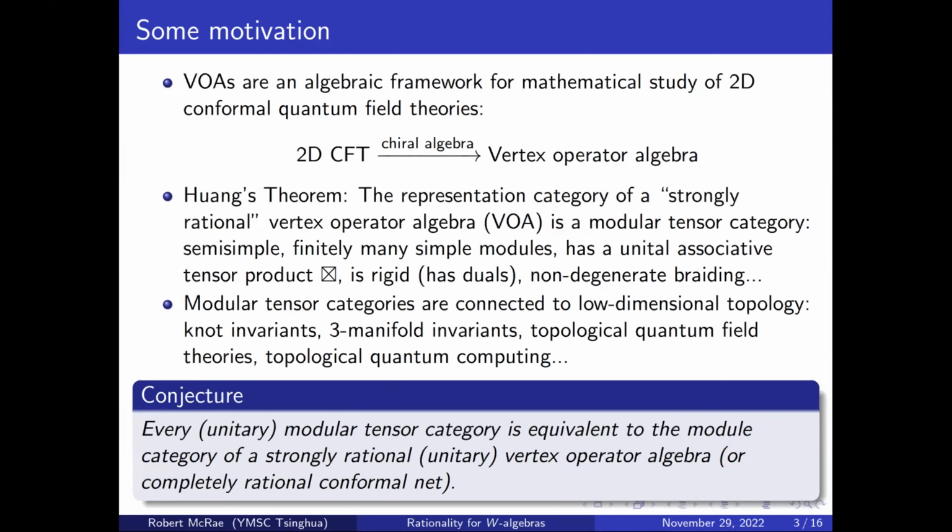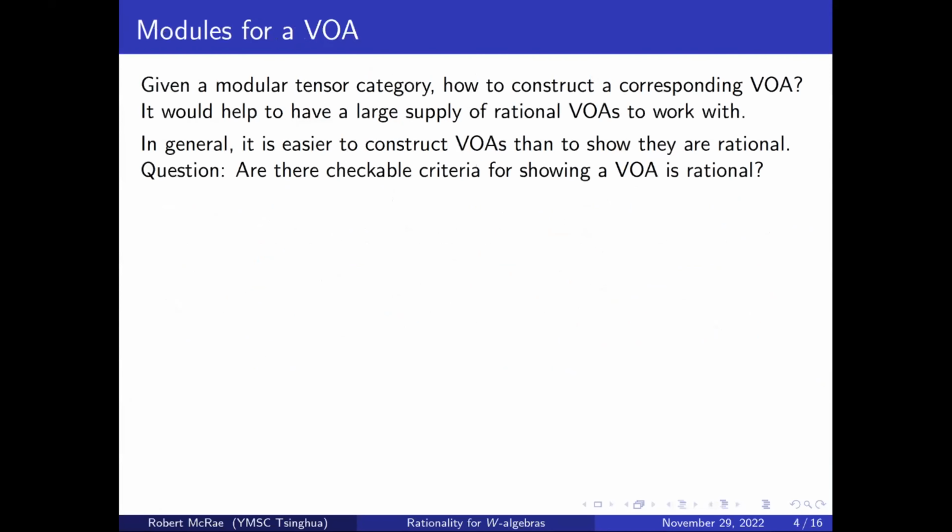But anyway, this conjecture is certainly wide open, and I won't say much more about it, except to say that if one wants to see whether this conjecture has any hope of being true, then it would be good to have a large supply of rational VOAs, so that if you come up with a new modular tensor category, you have some chance of finding a VOA that gives rise to it. But I guess the problem with this is that it's much easier to construct VOAs than it is to show that they are rational.